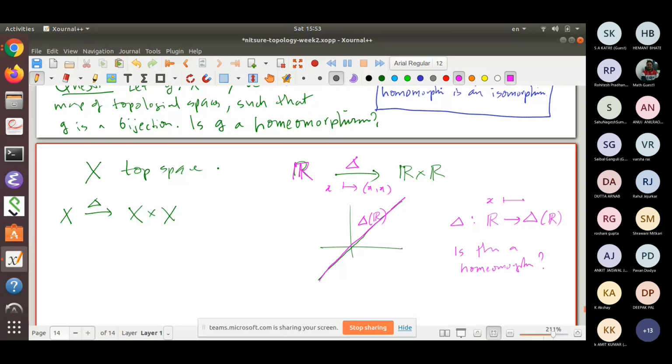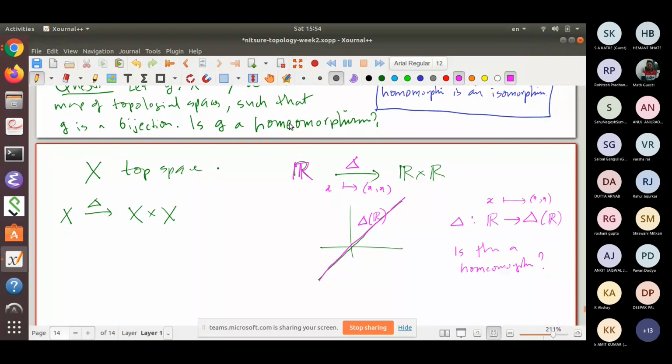It is sending x to (x, x). Somebody answer. Is this a homeomorphism? No? Why not? Because a homeomorphism is in particular a bijection. Why isn't it a bijection? Because it's only taking points (x, x). So if I take (5, 6), it's not there.